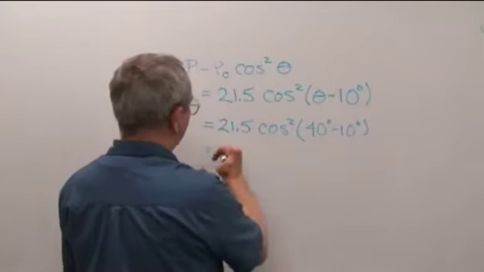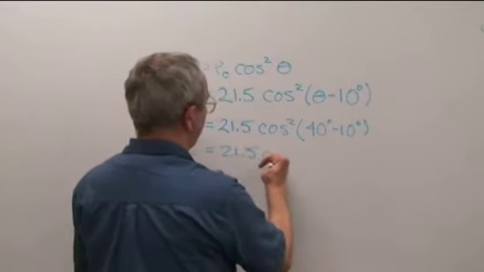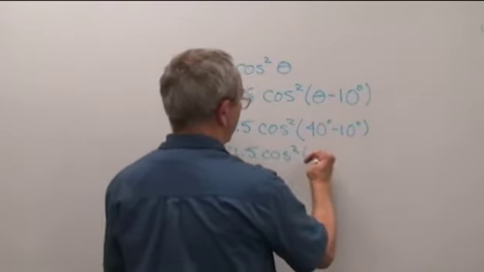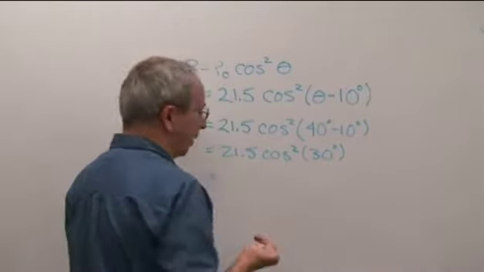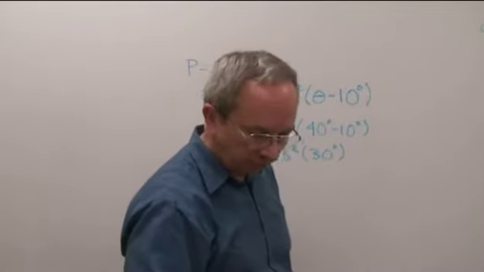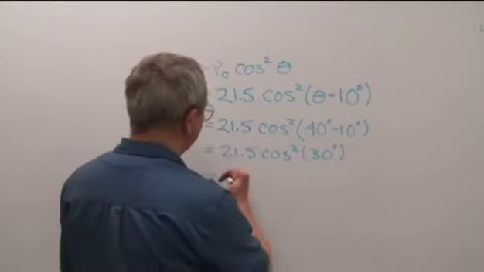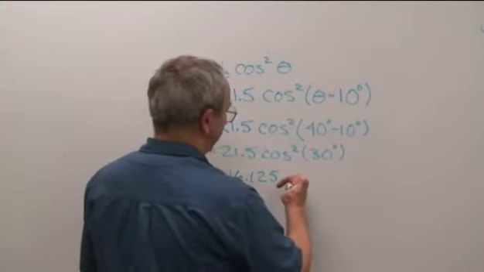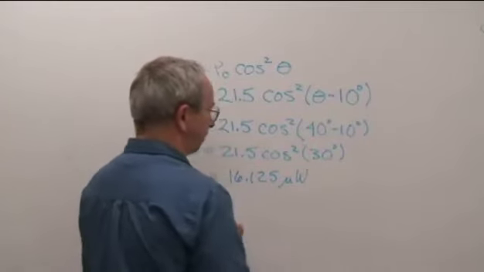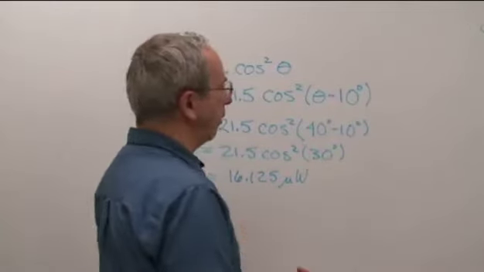That would be 21.5 times the cosine squared of 30 degrees. If we put that into our calculator, we get 16.125 microwatts.